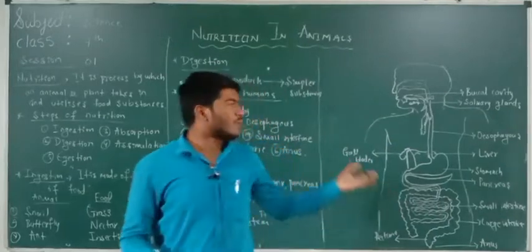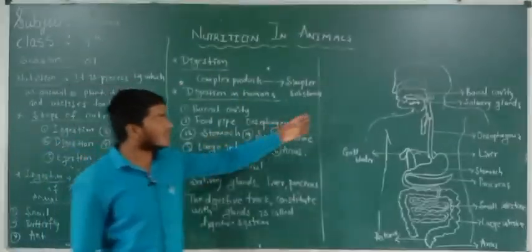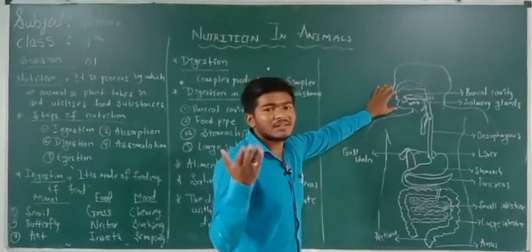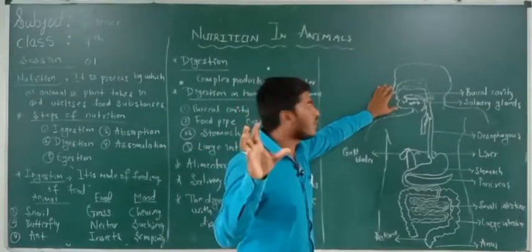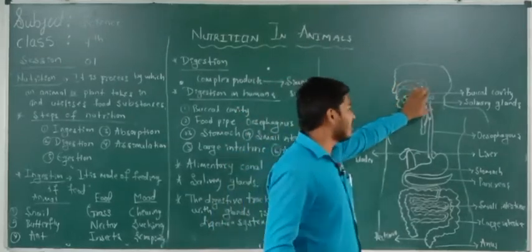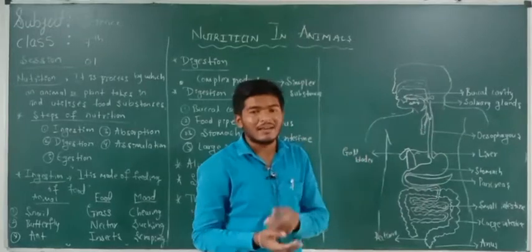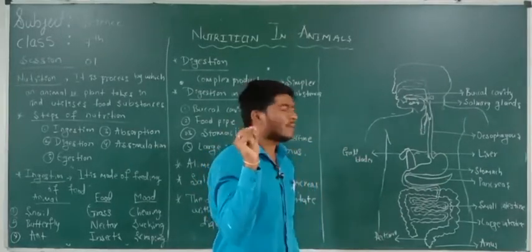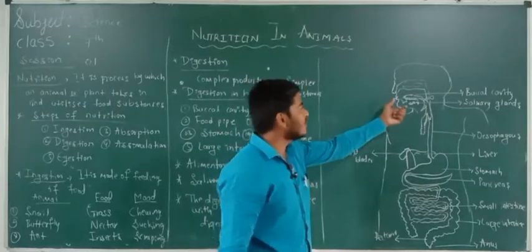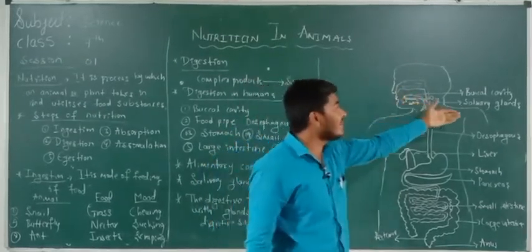So why am I telling this? Because digestion in humans starts with the buccal cavity. The food material contains large components. In the first step, using the teeth by chewing or grinding, that food material will be converted into small components. Also in the buccal cavity we have salivary glands.